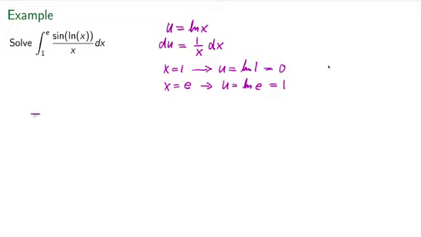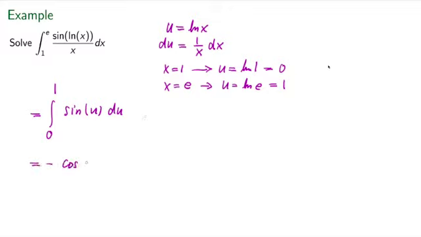So then we can transform the integration. Instead of from 1 to e, now the 1 corresponds to the 0, and the e corresponds to 1. And then we get sine of u, and then this 1 over x dx is in fact du. Oh my goodness! Do you see how this simplified? We just need to integrate the sine, which of course is minus cosine.